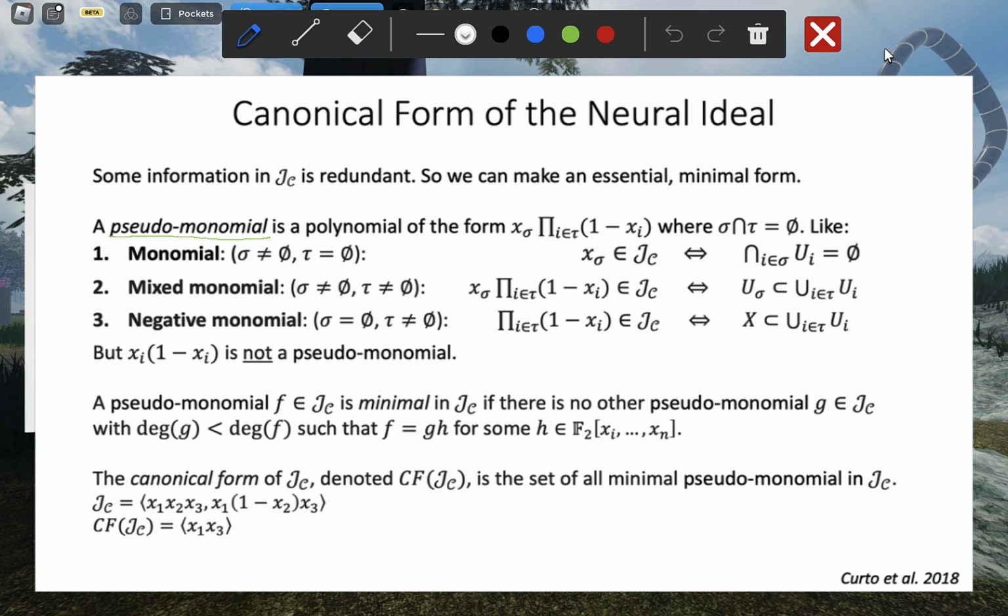So this has a general form of this. And this is where those sigma and tau sets come in, and the intersection between them is empty. And these two, number 1 and number 2, are the monomials and the mixed monomials you saw before.